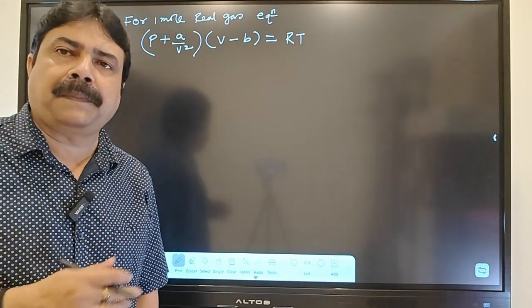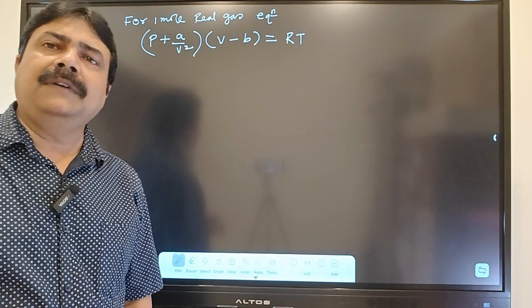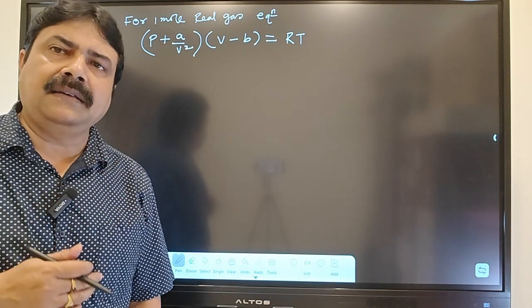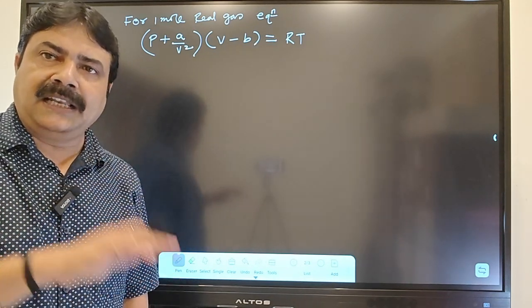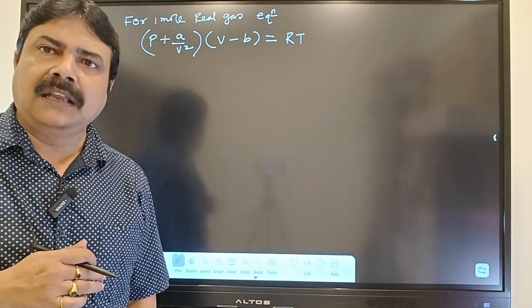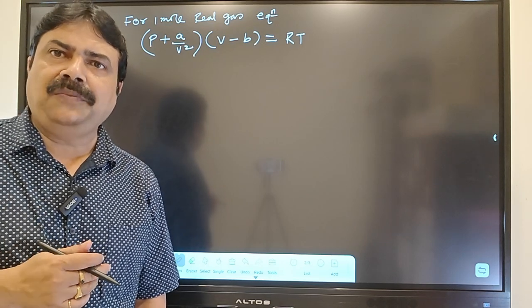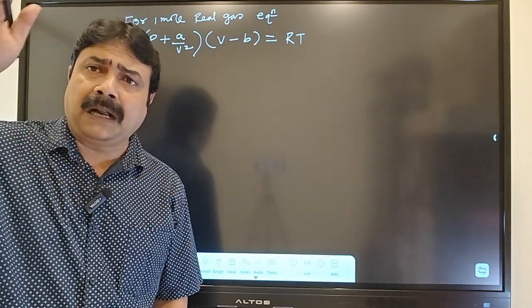So whenever there is a pressure correction and a volume correction from the ideal gas situation to the real gas situation, only then will it equal RT. This is another part of the discussion.